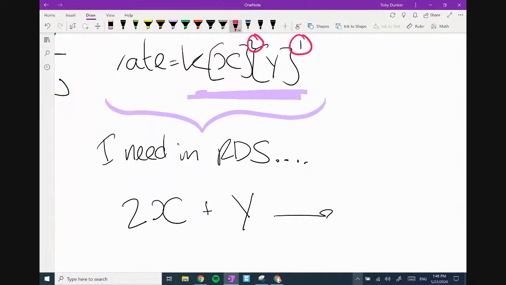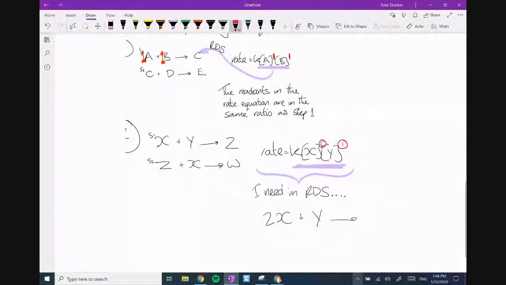X affecting rate without effect of Y? Yeah.